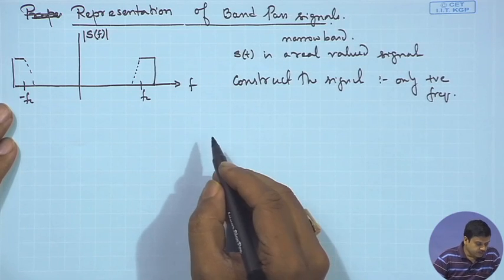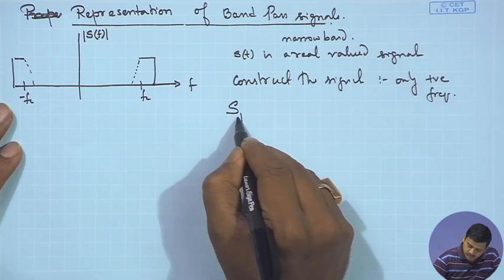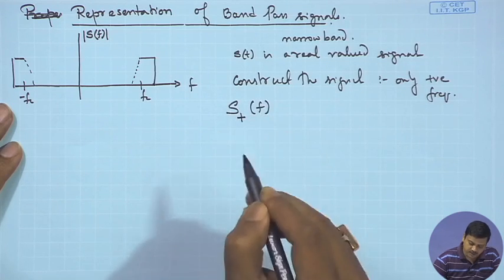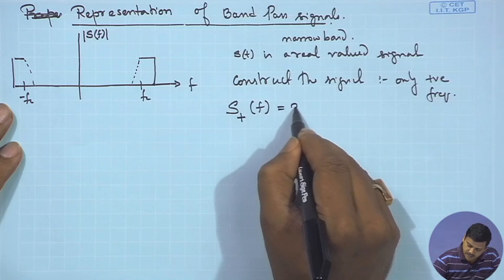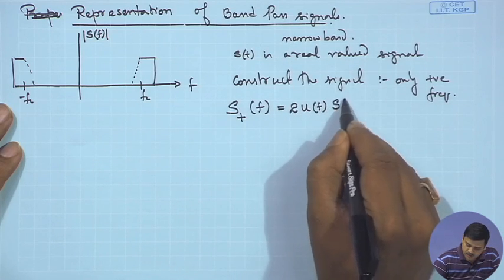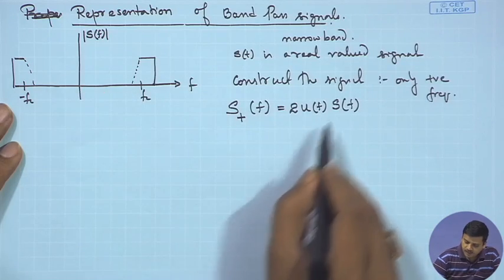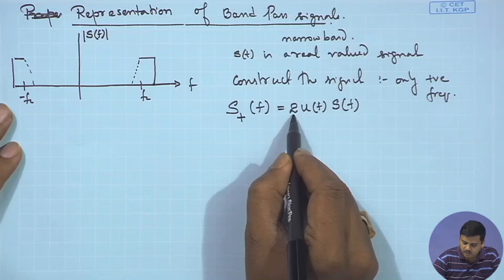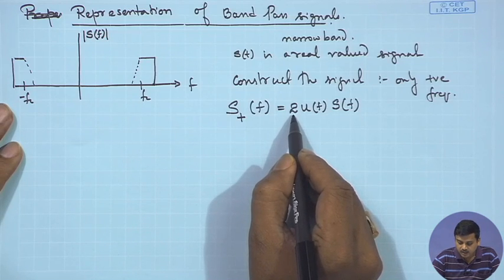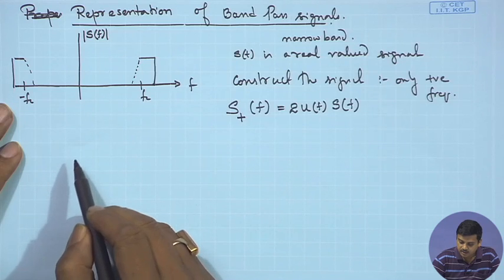If that is so, we could write S plus of f, indicating the signal with the positive set of frequencies, as 2 u of f times S of f. u is the unit step, S of f is S of f, and 2 is the normalizing constant. Another justification could be, since we are using half of the signal, we have to increase the signal strength.